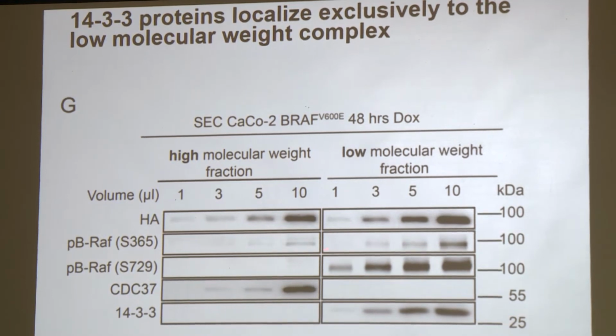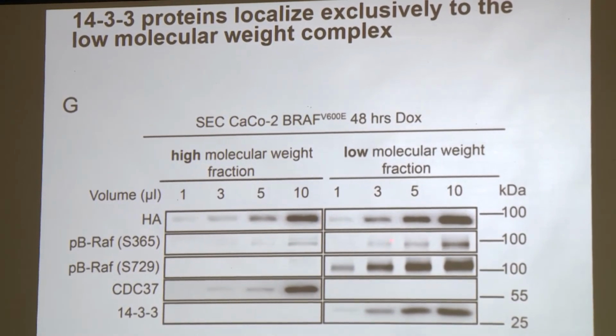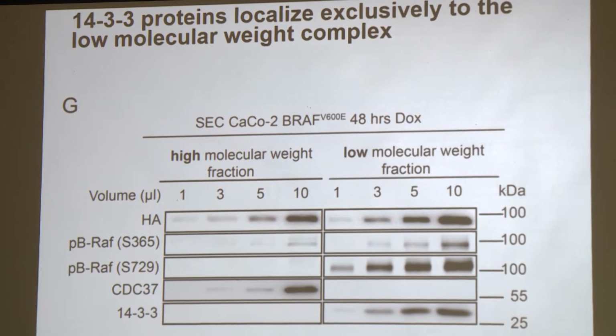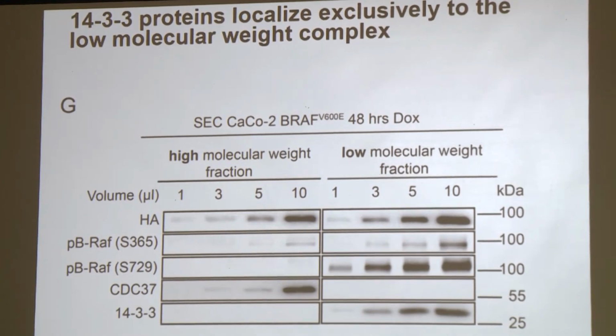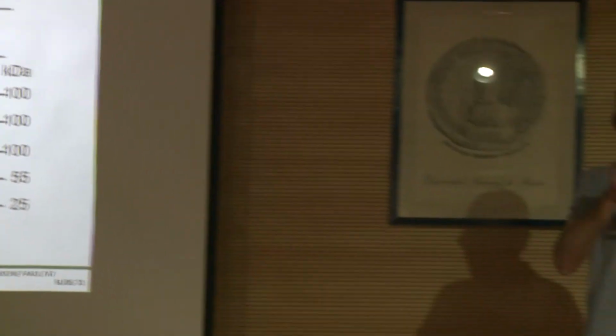And what you can see then is that in the small complex, the low molecular weight complex, these phosphosites are present, and also 14-3-3 is present. Whereas in the large complex, these phosphosites are not present, and also 14-3-3 is not present, right? So you can really try then to describe or work out the molecular mechanism that is behind this different complex organization.